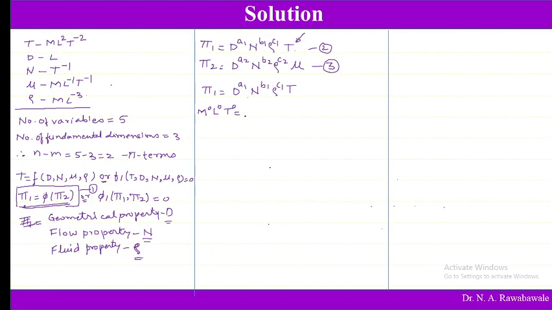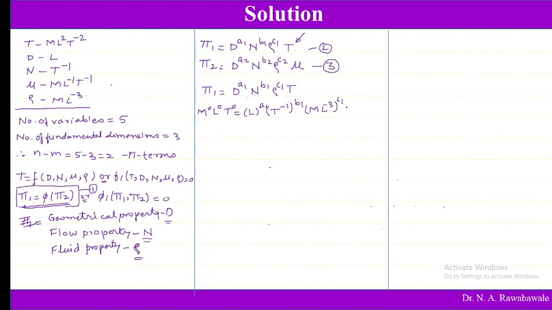Dimension for d is L to the power of a1. Dimension for n is T to the power of minus 1, to the power of b1. Dimension for rho is M L to the power of minus 3, to the power of c1.